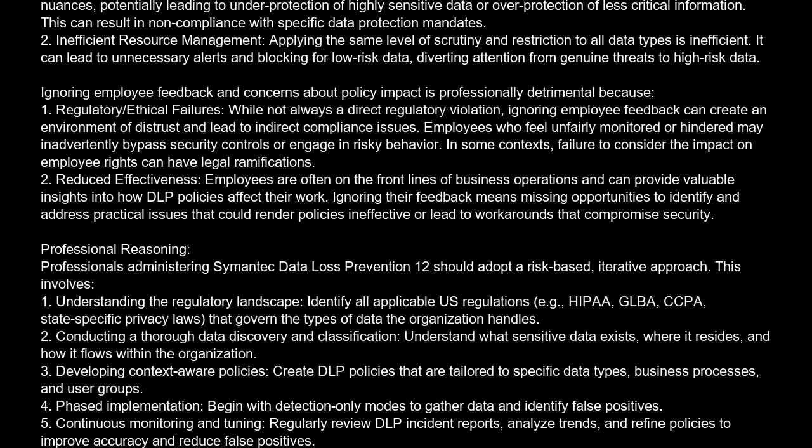Developing context-aware policies. Create DLP policies that are tailored to specific data types, business processes, and user groups. 4. Phased implementation. Begin with detection-only modes to gather data and identify false positives. 5. Continuous monitoring and tuning. Regularly review DLP incident reports, analyze trends, and refine policies to improve accuracy and reduce false positives. 6. Gradual enforcement.